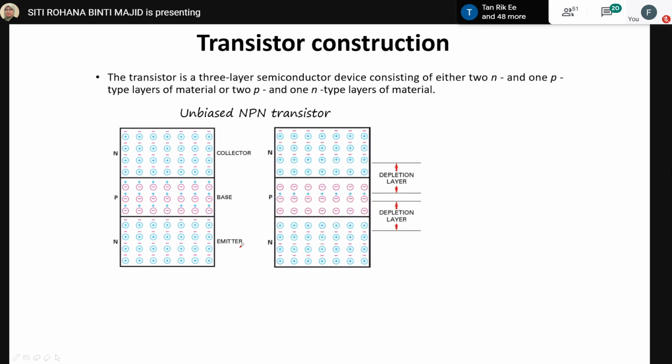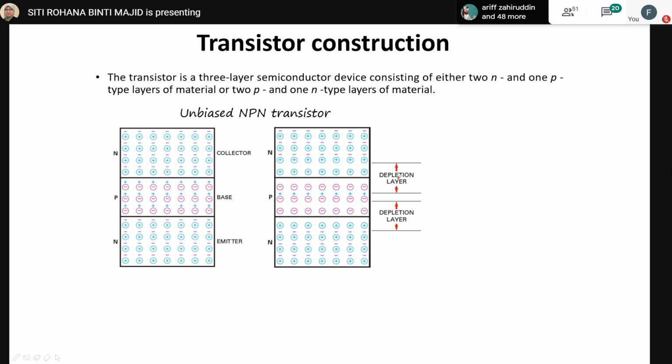Because we already studied the PN junction, you can see that between these two layers there will be a depletion layer. Another part between this junction, P and N, will have a depletion layer.